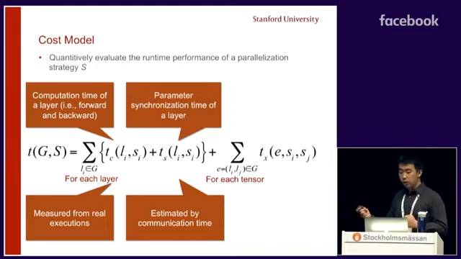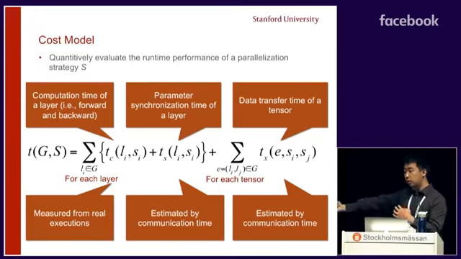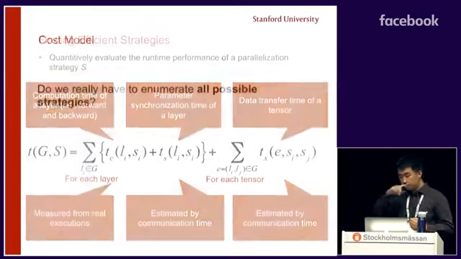For each layer, we also consider the parameter synchronization time, which is estimated by the communication time to transfer data across different devices. And for each tensor, if the source and destination layers are on different devices, we also consider the data transfer time to transfer the tensor from the source to the target device. This is also estimated by the communication time.